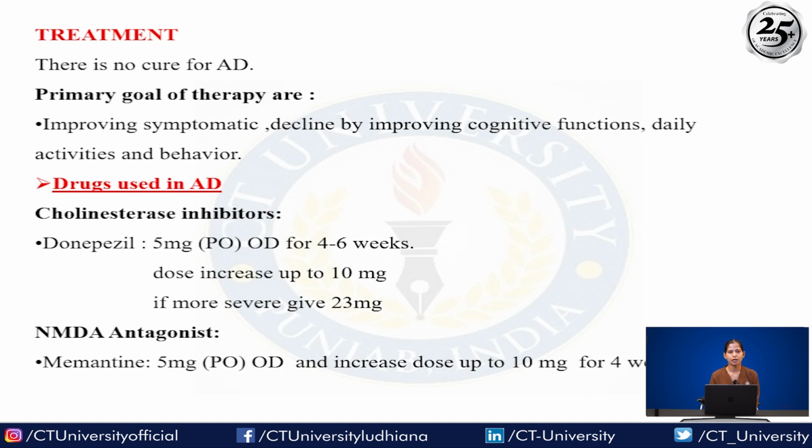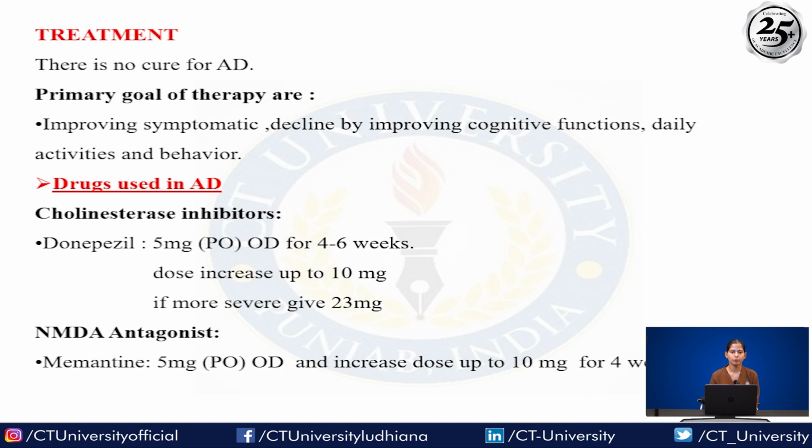The drugs used in Alzheimer's disease patients are cholinesterase inhibitors. Cholinesterase inhibitor is a class used in Alzheimer's disease patients, which includes donepezil. Donepezil is given at a 5 mg dose per oral. PO means per oral and OD is once a day, for 4 to 6 weeks.